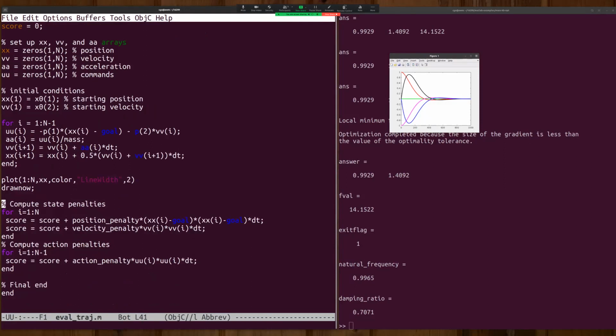We plot them all, and we compute a score by adding up a position penalty, which you can think of as the first element of the diagonal of the Q matrix, and a velocity penalty, which is the second element of the diagonal of the Q matrix. And notice I'm squaring the position error, I'm squaring the velocity. And then for the actions, I have some action penalty times the square of the command.